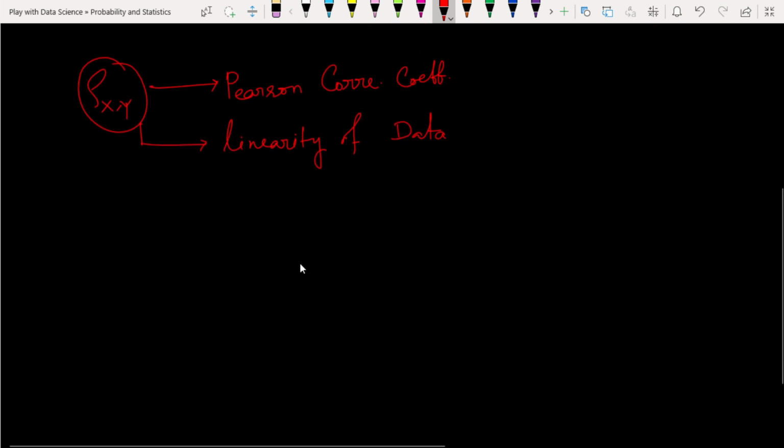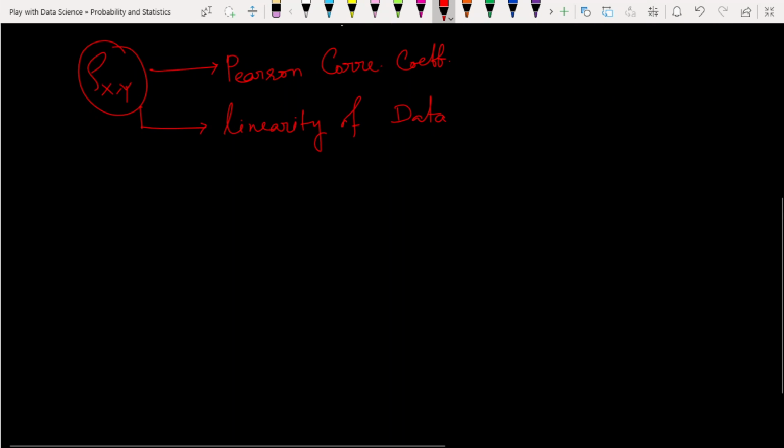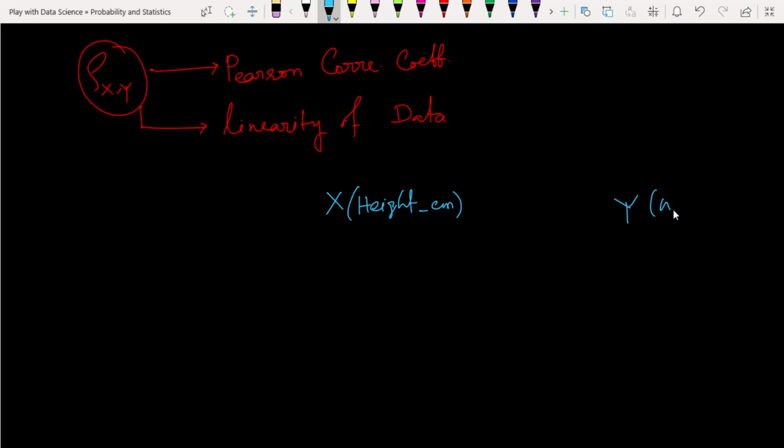Let's discuss it through an example. Suppose we have two random variables: x, the height in centimeters, and y, the weight in kg.